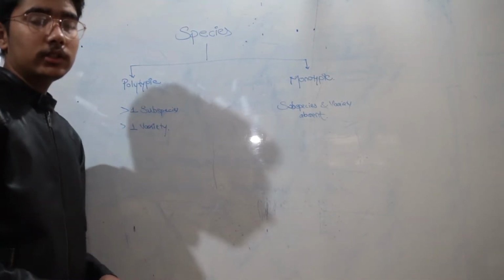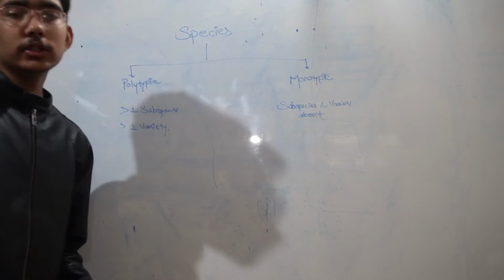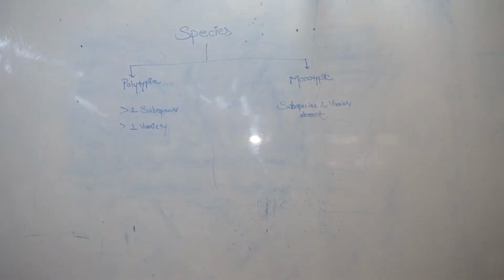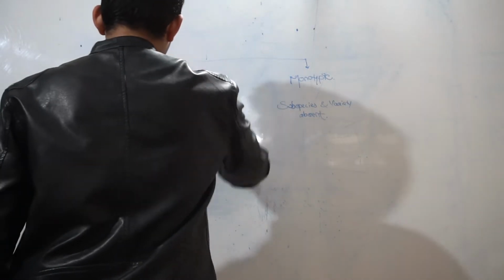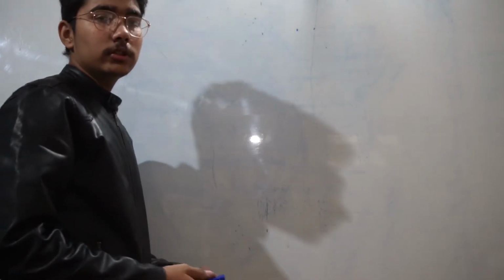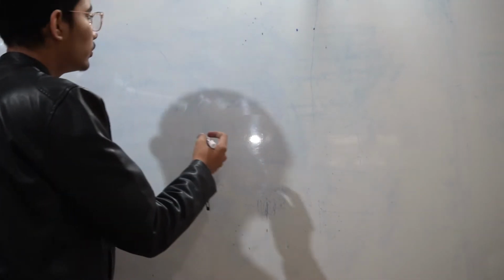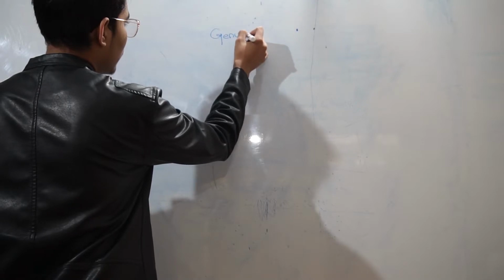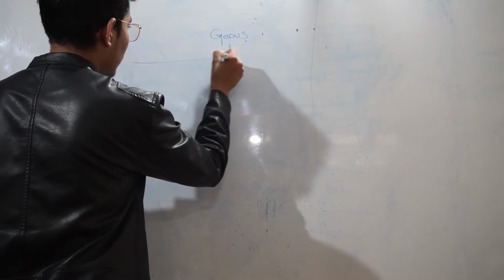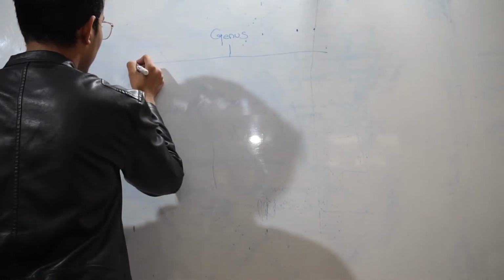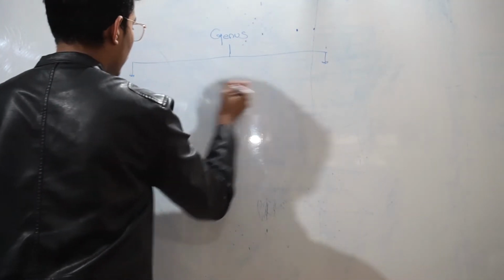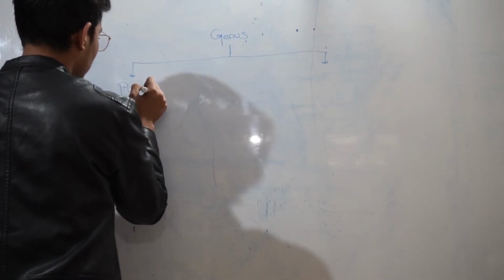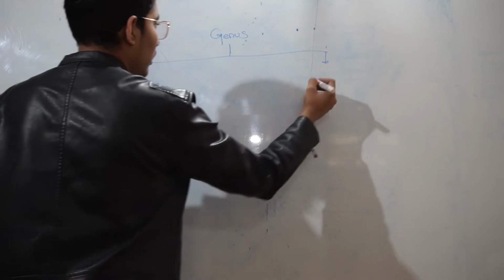Now next we are going to deal with the genus. There is presence of genus in two types, same as polytypic and monotypic.